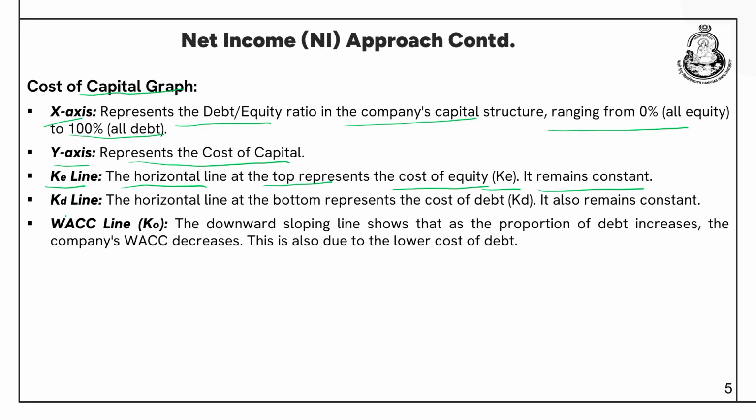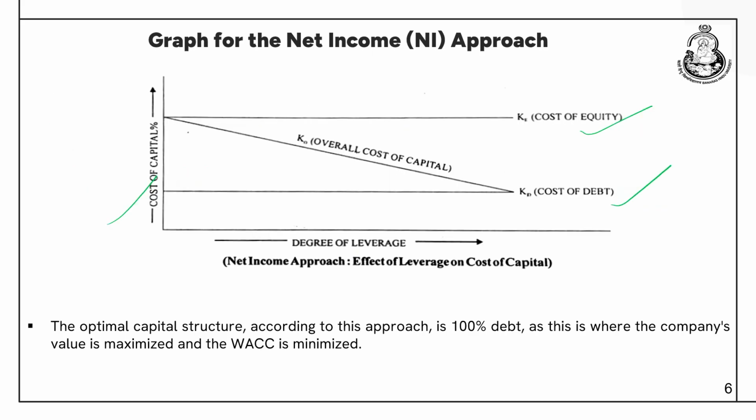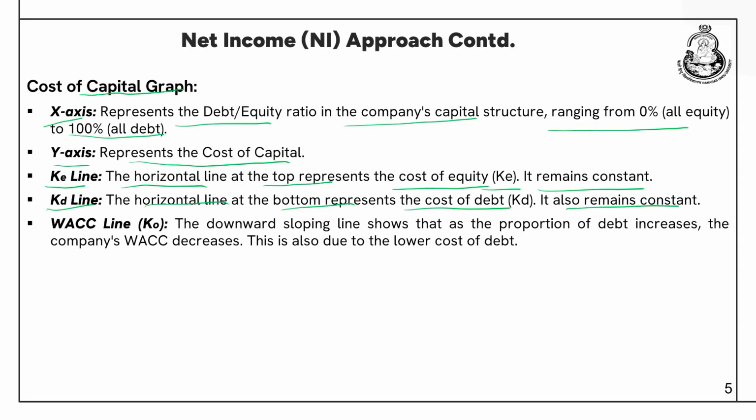So, under that condition it remains constant. The KD line, the horizontal line at the bottom, represents the cost of debt, and it also remains constant. We have also taken the assumption that the risk perception of investors is not affected by the increased proportion of debt. So, under these conditions the cost of debt as well as cost of equity remain constant and do not increase with the increase in debt.